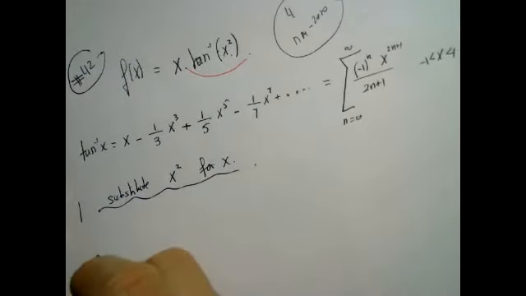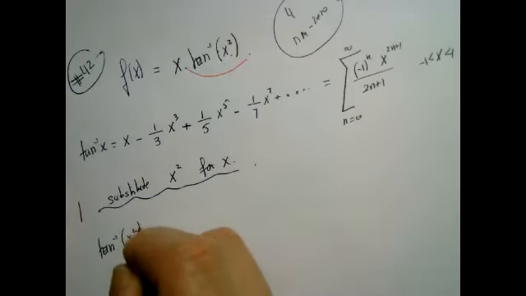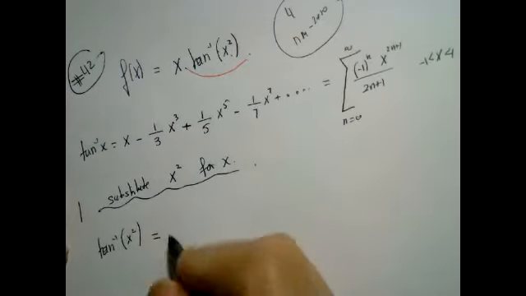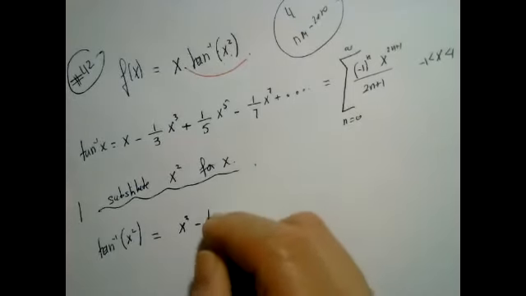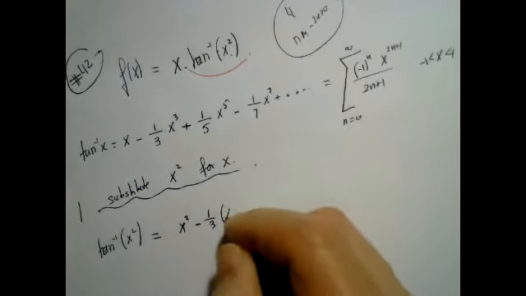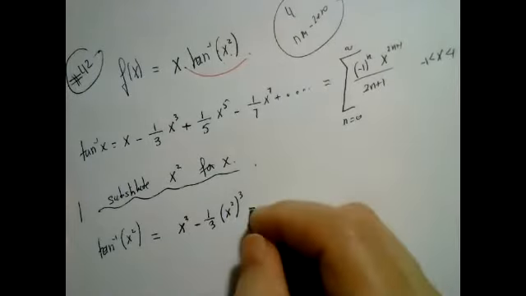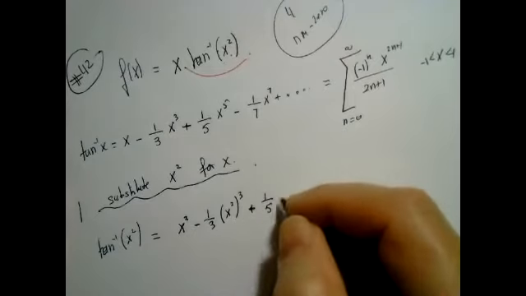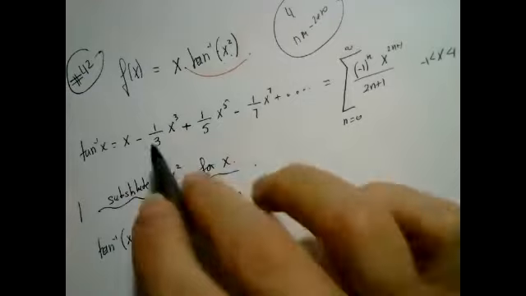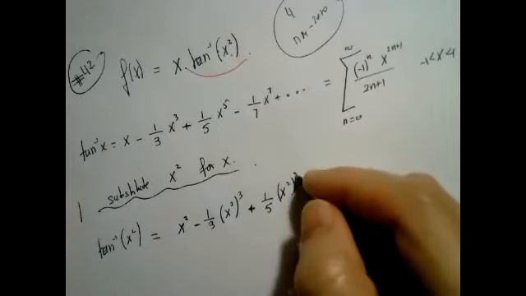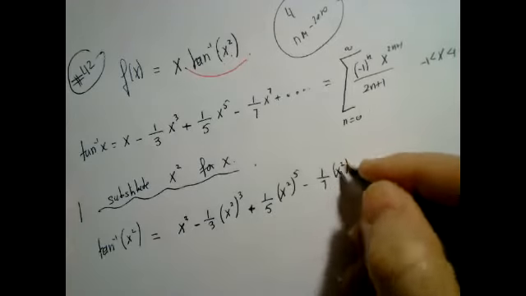So I will have tangent inverse of x squared equal to x squared minus 1 over 3, every place there is x, I substitute x squared, plus 1 over 5, x squared to the power 5, minus 1 over 7, x squared to the power 7.